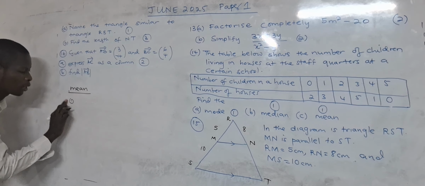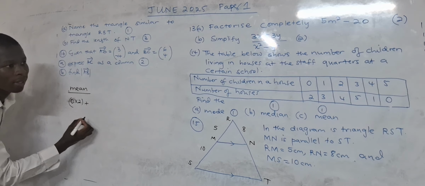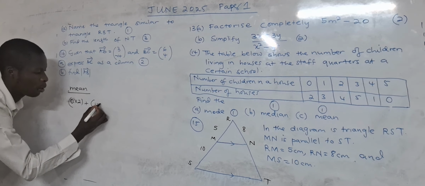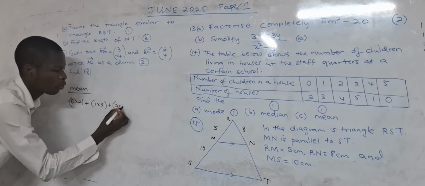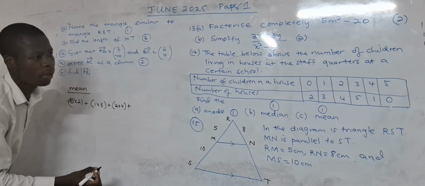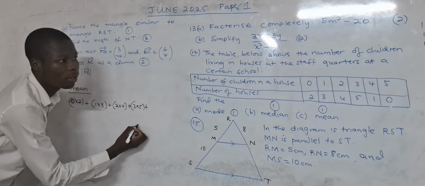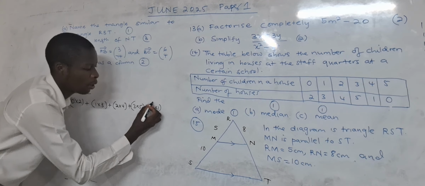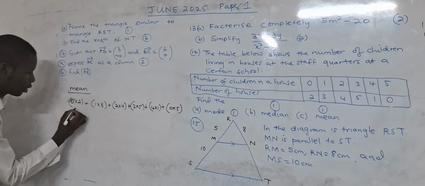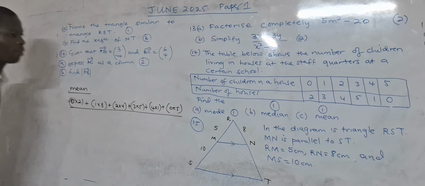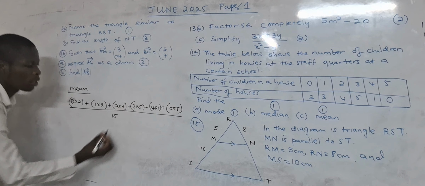So 0 times 2, plus 1 times 3, plus 2 times 4, plus 3 times 5, plus 4 times 1, plus 0 times 5, divided by the total number of houses, which is 15.